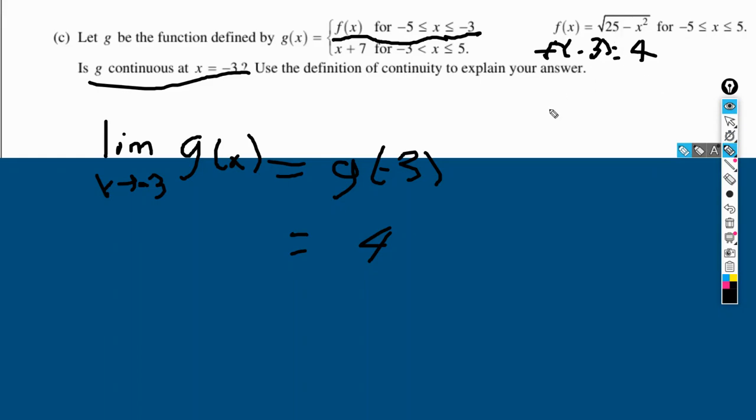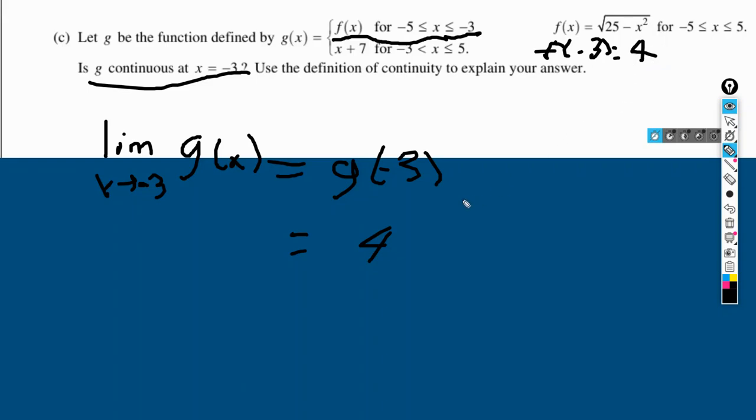Let me re-explain. The square root of 25 minus x squared is continuous as x goes to negative 3 because you could directly plug it in at this point. X squared we know is a continuous function. We know it looks like this. It is continuous, no holes. So unless there's a domain issue, the square root of 25 minus x squared will be continuous because every part of it is continuous.